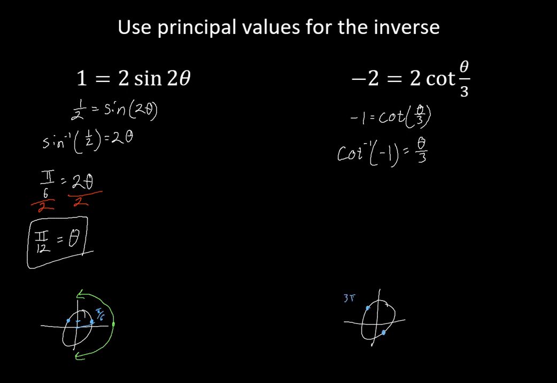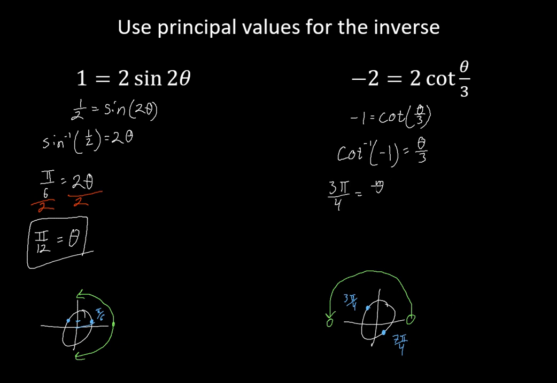It happens at 3 pi over 4 and at 7 pi over 4. Cotangent is a little bit different. Remember, the restrictions for cotangent are from 0 to pi, except 0 and pi are not included. So we've got little open dots there. Luckily, 3 pi over 4 does fit the bill, and it does fall inside of that restriction.